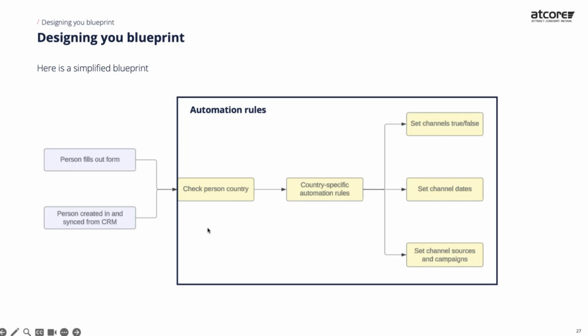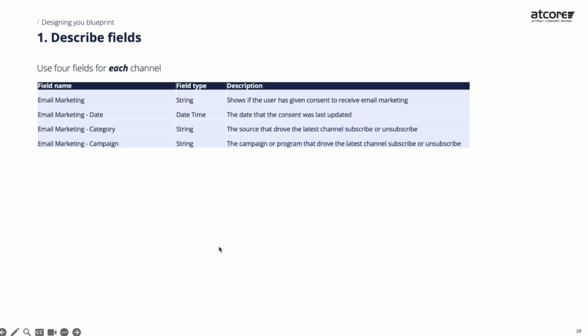All right, so the first step is to describe the fields. What we recommend, and the way we work with our clients, is that we use 4 fields for each channel. Right now, I have only taken email marketing as an example, but you could have 7 channels or 3 channels, text messaging, social media messages, or outbound calls.